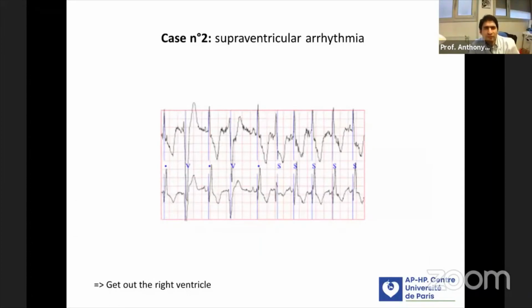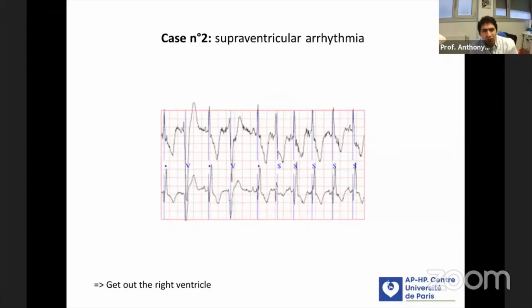The second complication that is quite frequent is trouble in the rhythm of patients, like supraventricular arrhythmia. It especially happens when the tip of your guide wire is inside the right ventricle, when you have difficulties accessing the inferior vena cava.